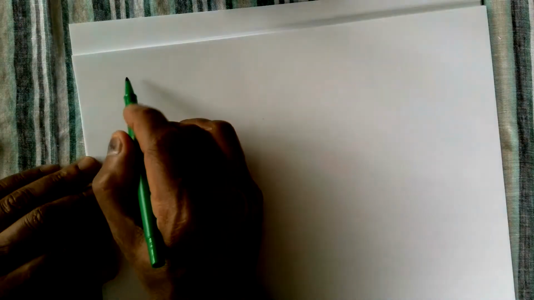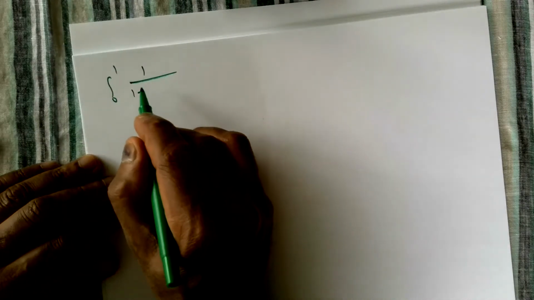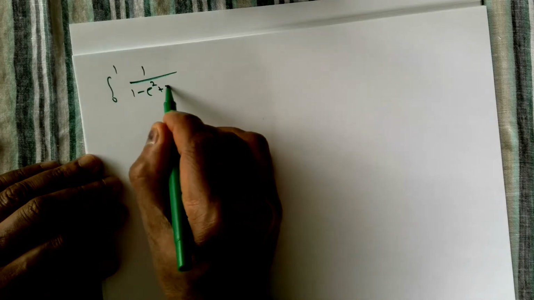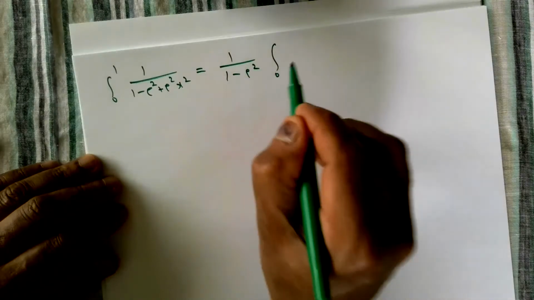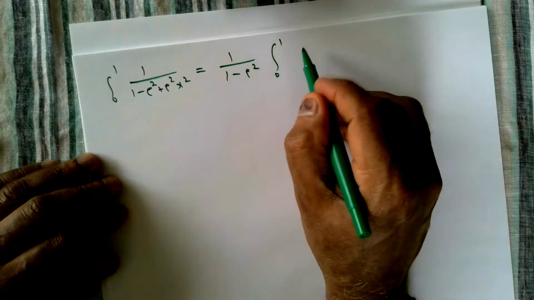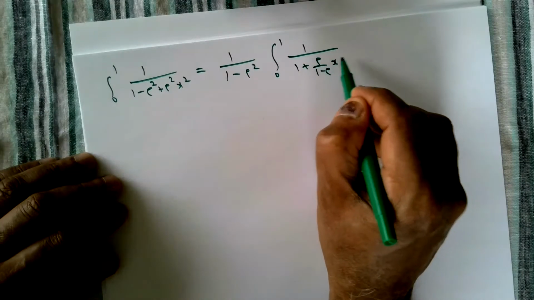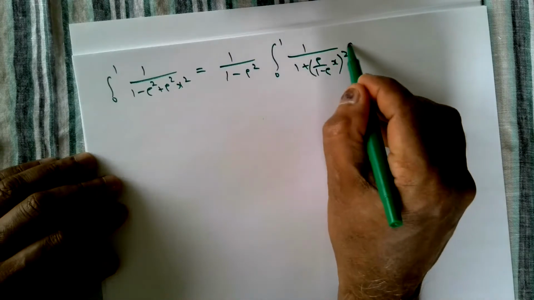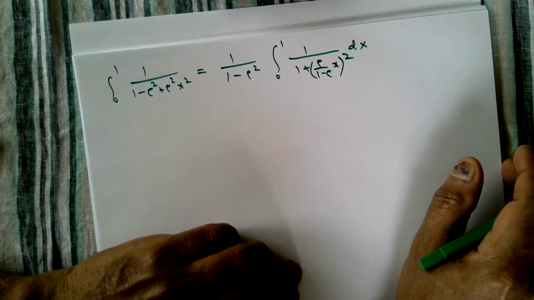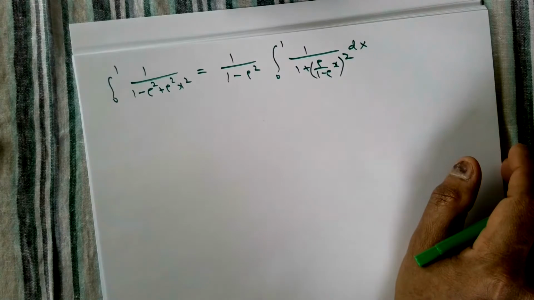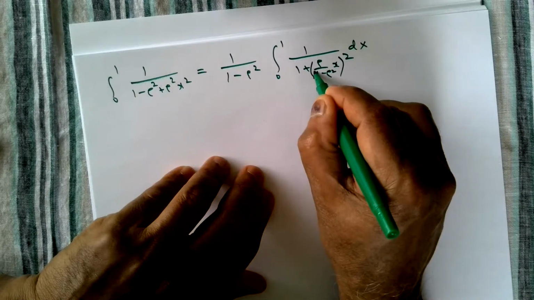So the second expression is the integral from 0 to 1 of 1 over 1 minus rho squared plus rho squared x squared. I'm going to pull out the constant outside. So this should be the square root of 1 minus rho squared here.